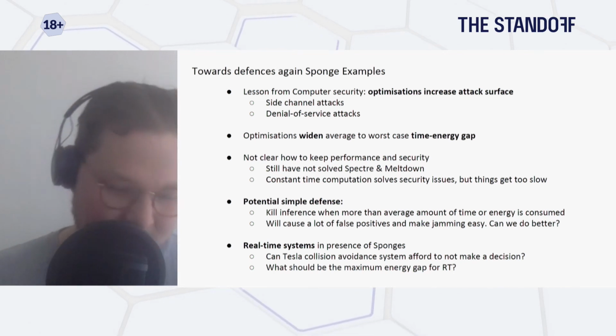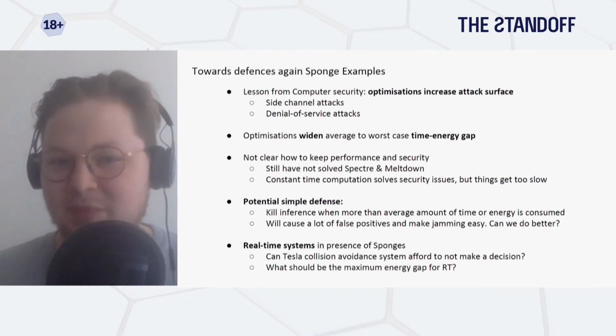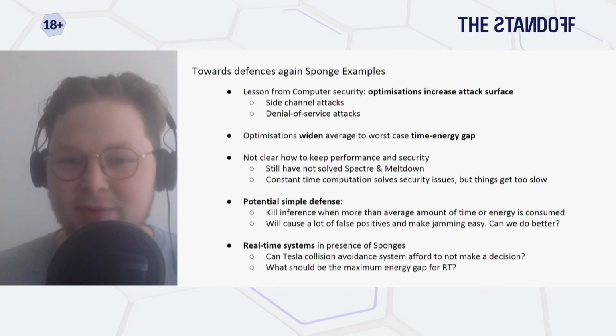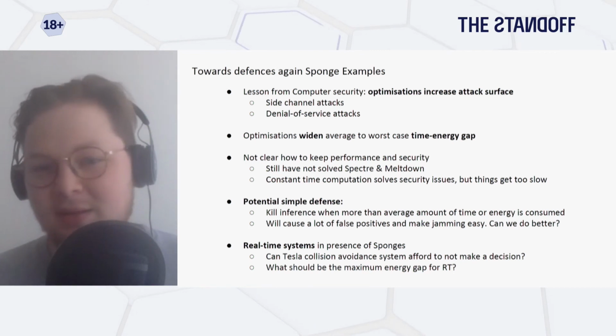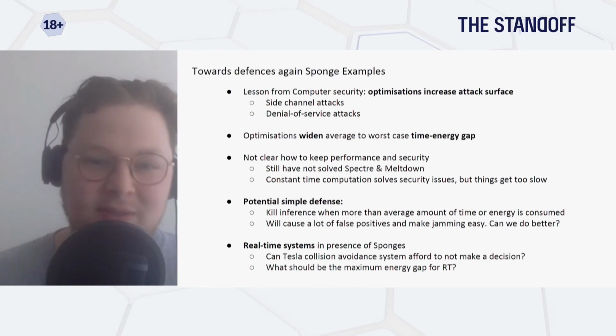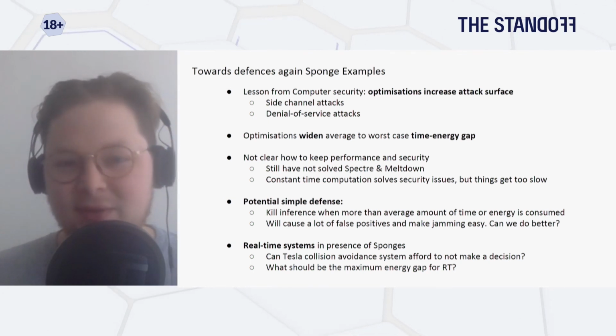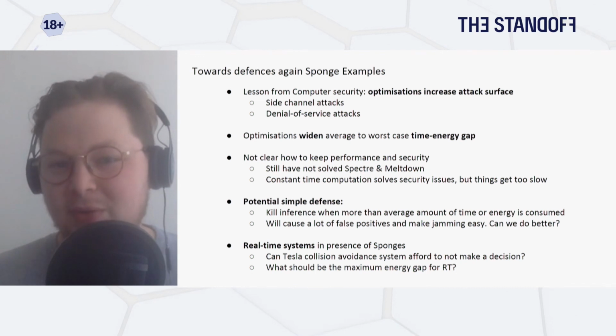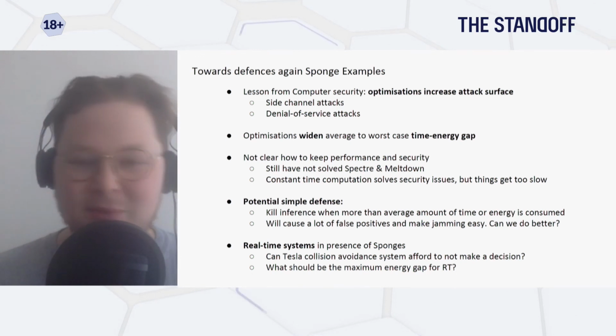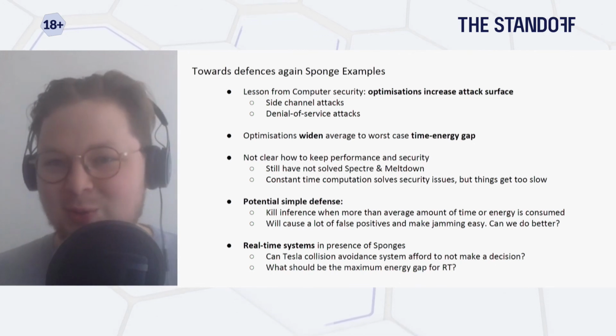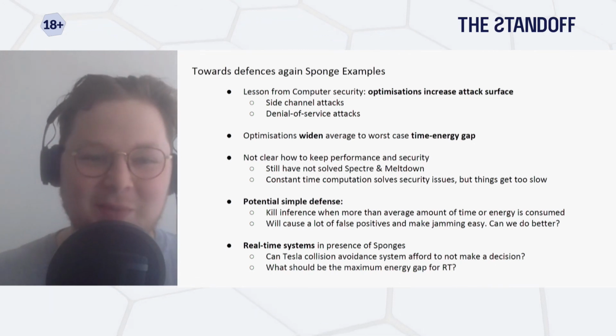And as of right now, it's not fully fixed. New variants are coming out all the time, and from what I understand, the main trade-off here is you either remove the optimization altogether and then you have security, or you keep the optimization and the security is gone. Who knows what's going to happen?